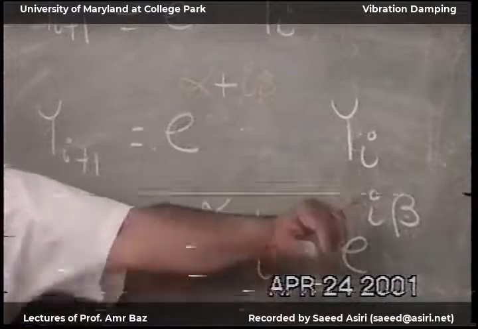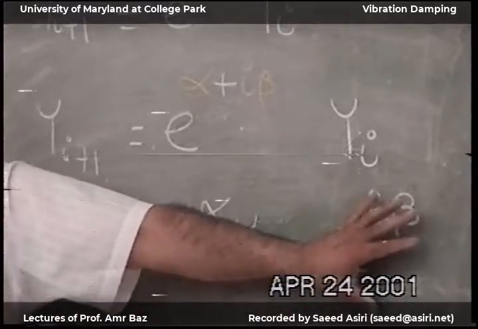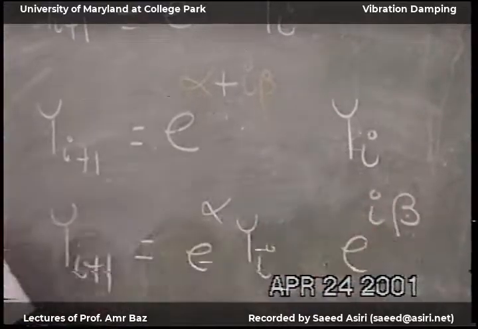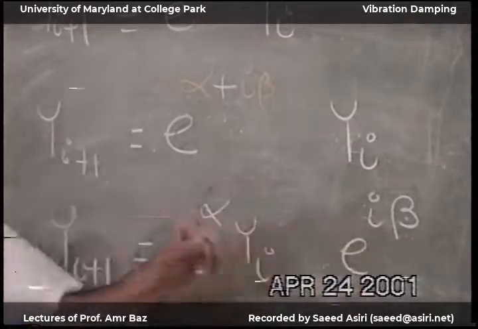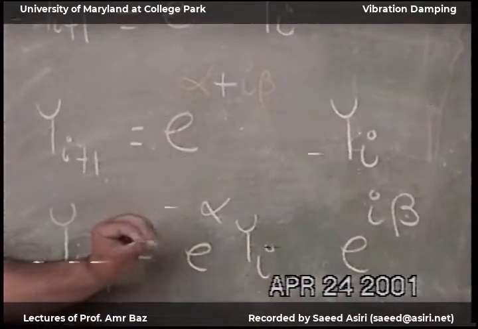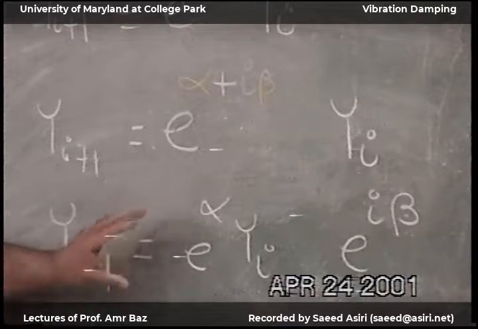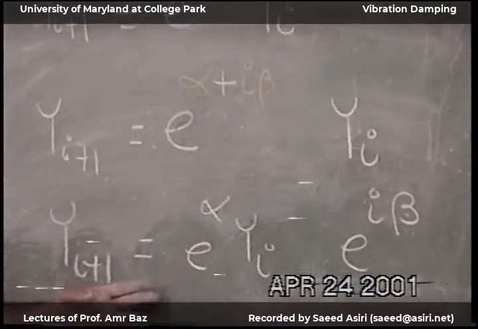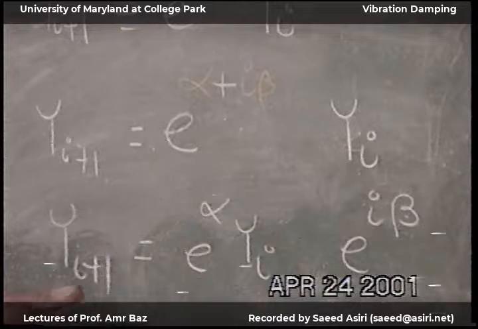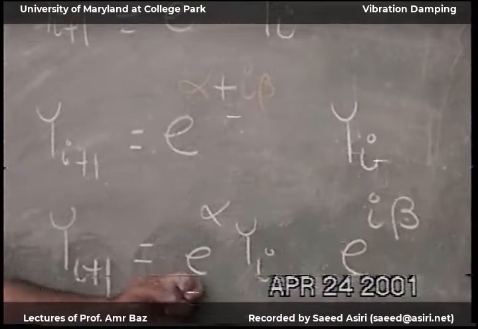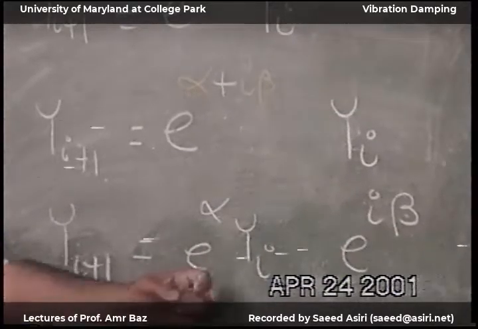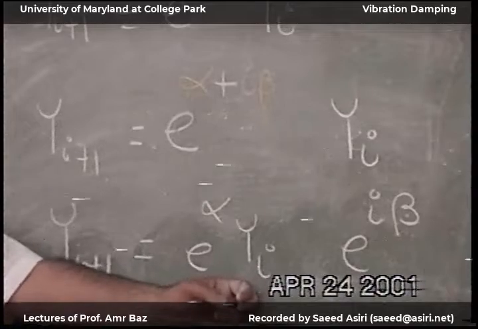This term will be sine and cosine, its magnitude is unity. Now, if I don't have beta, and I only have alpha, e to the alpha is a decay parameter, so I attenuate the output by multiplying it by this exponentially decaying function, and the input is attenuated.